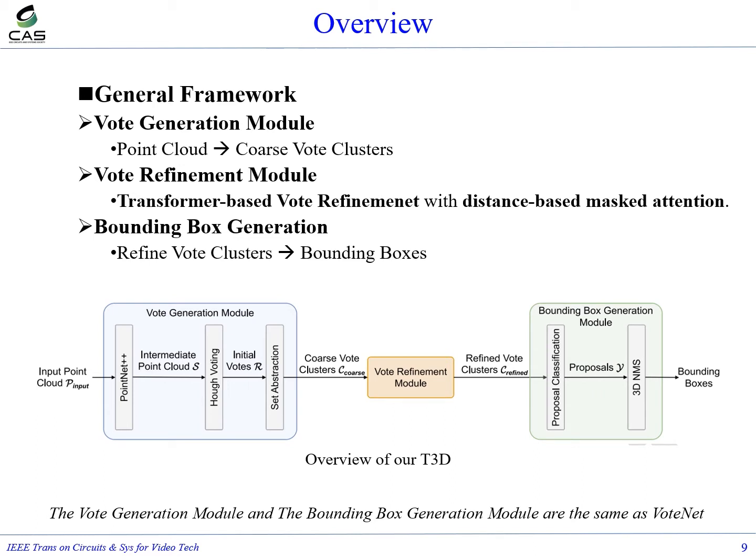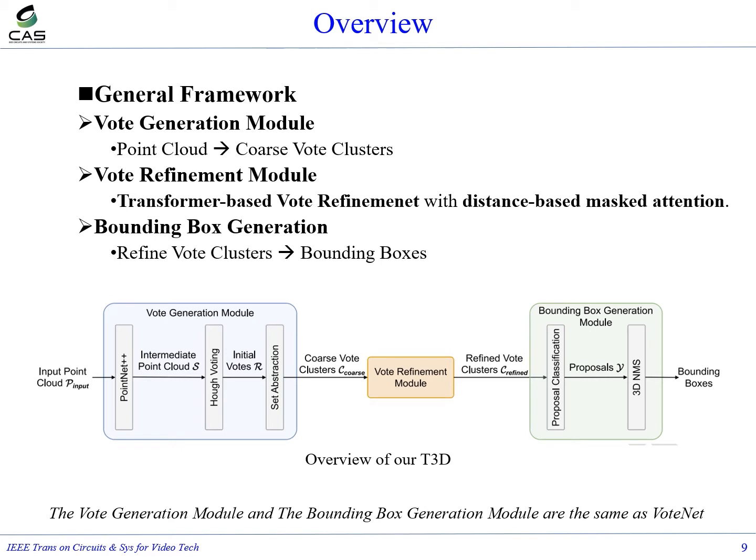In the vote generation module, the Hough voting process is used to generate coarse vote clusters. In the vote refinement module, we propose the Transformer-based vote refinement module with distance-based masked attention to refine the generated coarse votes. Finally, the bounding box generation module generates the final bounding boxes using the refined vote clusters.